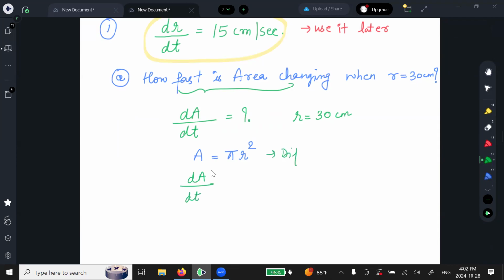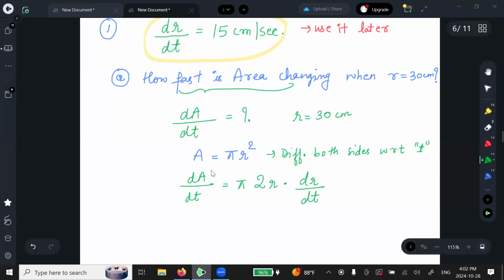I'm going to differentiate both sides with respect to t. So I got pi. Pi is a constant. Apply power rule. Take the power out. Subtract 1. I'm not done here. And here's another hint. I have to use the dr over dt they've given. Chain rule, right? Okay.